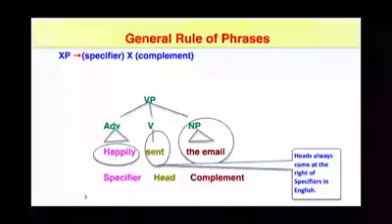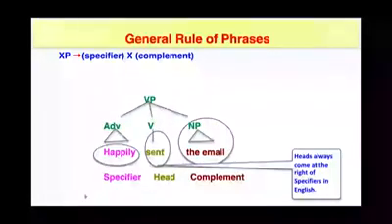A verb phrase would have a specifier, something that specifies the verb itself. If we have a VP, then the head of the phrase will be the verb. If we have a noun phrase, then the head of the phrase will be a noun. If we have a prepositional phrase, then the head of the phrase will be a preposition.